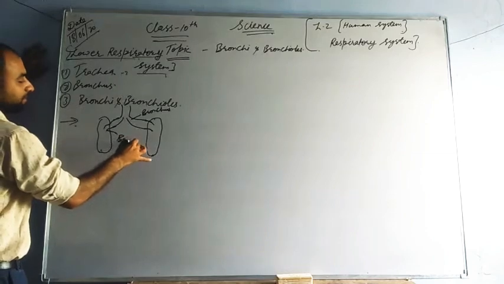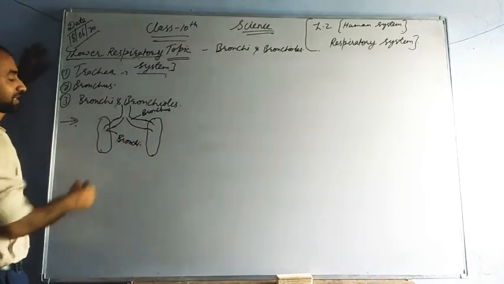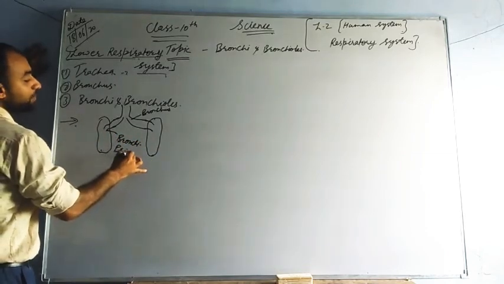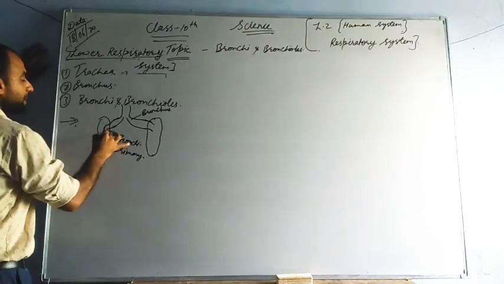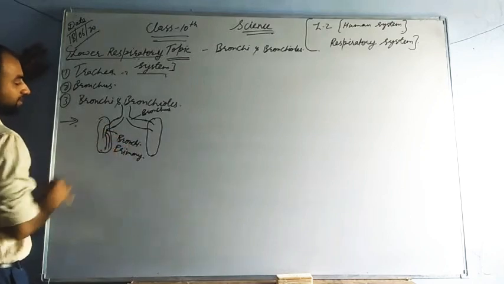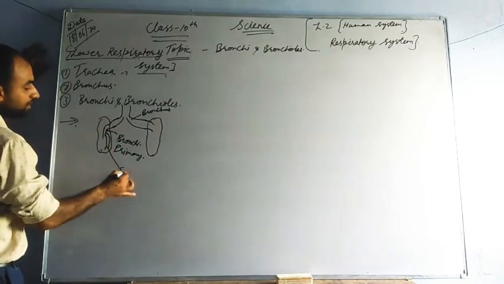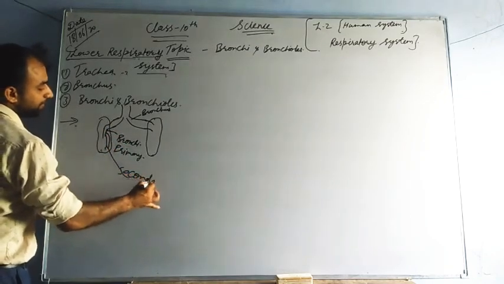Bronchi. Because they are first in number, they are called primary bronchi. After that, they have been branched like this, right? These are called secondary bronchi.